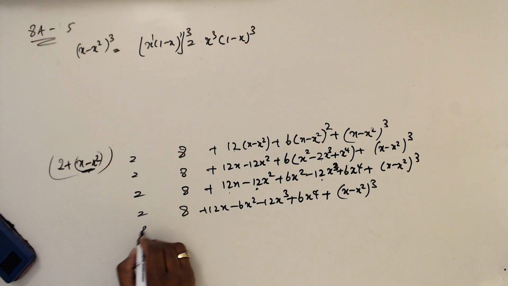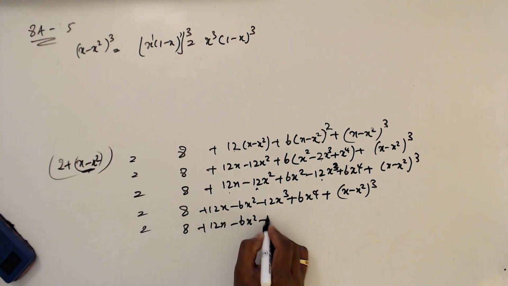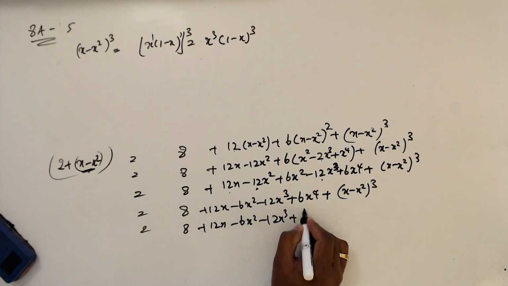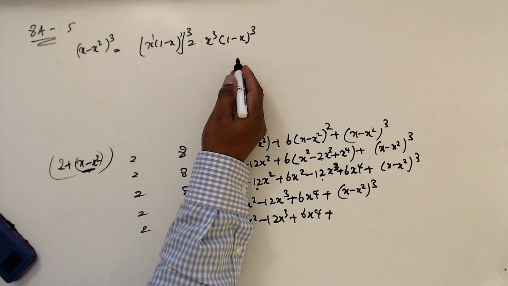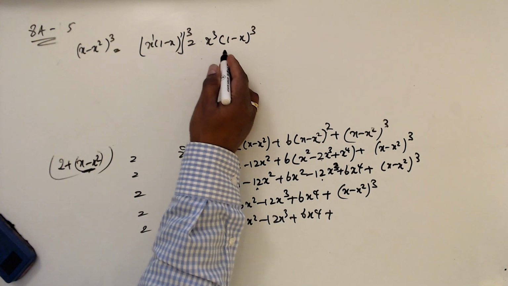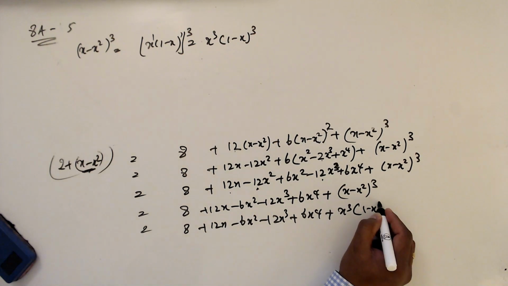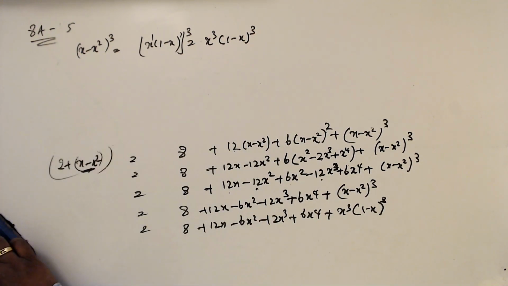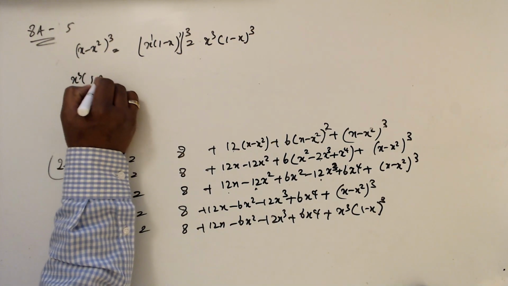Now I write here 8 plus 12x minus 6x square minus 12x cube plus 6x4 plus x cube (1 minus x) cube.